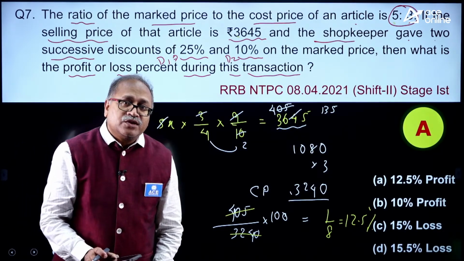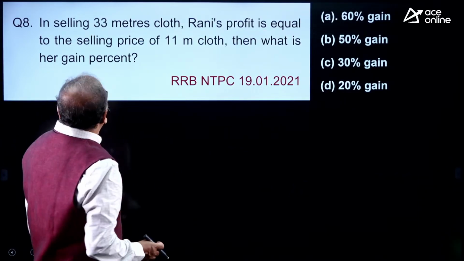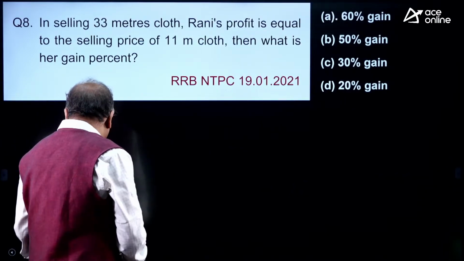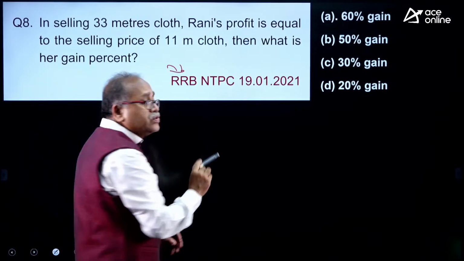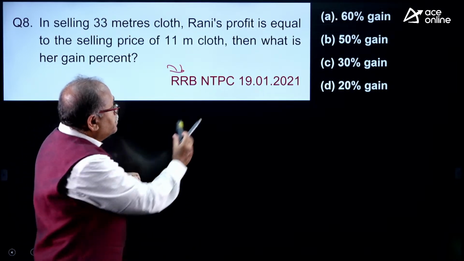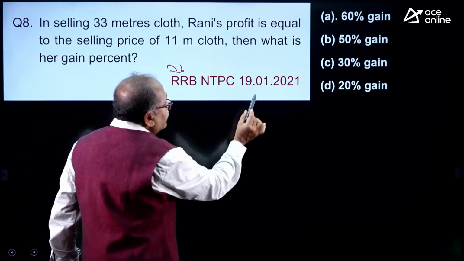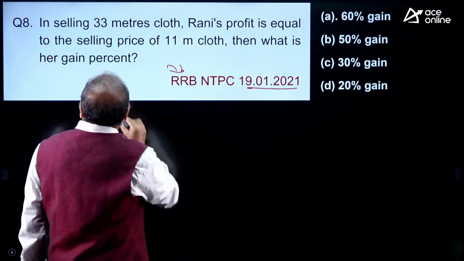The next question on the board is this. Look at this one. So, again I said that I am sharing all these very frequently asked questions in the exams. This is a previous question of RRB NTPC. What is the question here?